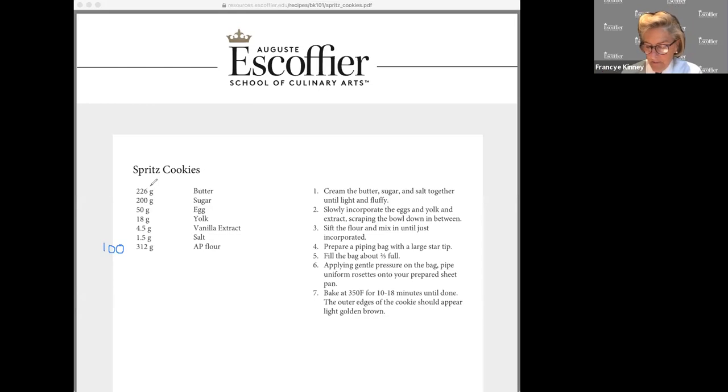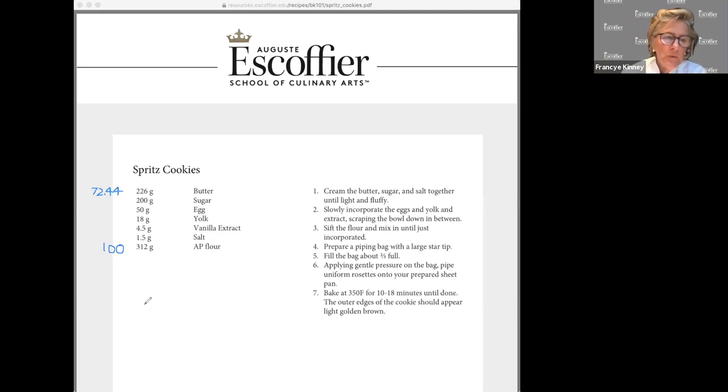We divide it by 312 grams and multiply by 100, and we get 72.435, which we'll round to 72.44. If you do 2 decimal points, it gives you a little more accuracy down the road. So that is the butter.